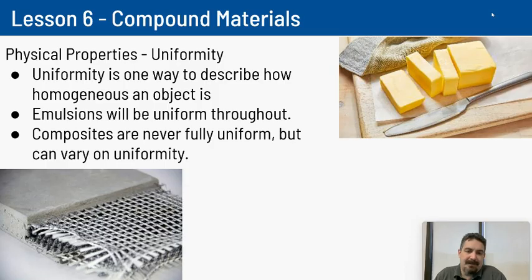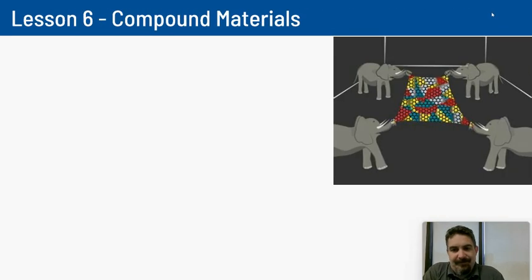Some composites are pretty uniform, where you have little tiny pieces mixed into a bigger thing, and other ones are like this reinforced concrete with a steel weave in it. And that weave means that the object is very heterogeneous, where there's places that are very different from one another.